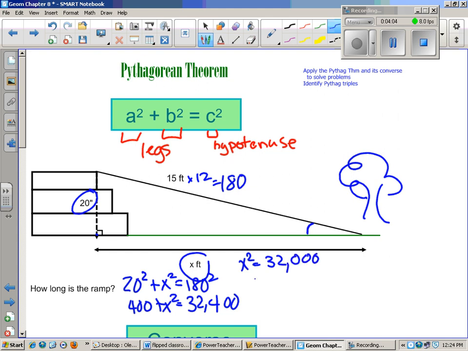And then take the square root, right? Because to undo squaring, you take the square root. So I'm going to take the square root of both sides. And that gives me x is equal to 14.8, I believe. Is that right? No, that's not right. That's in feet. 178.85.